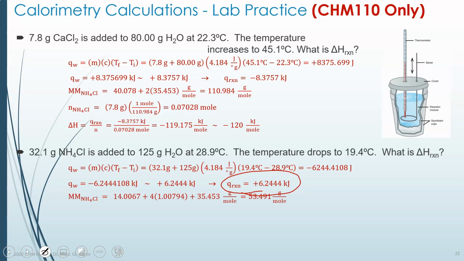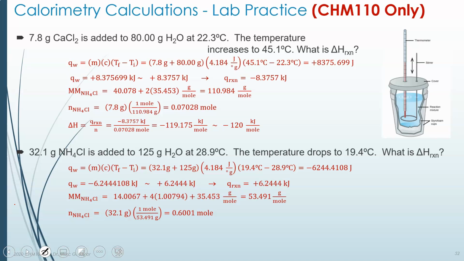We also need to know the moles of ammonium chloride, and first we have to determine the molar mass of ammonium chloride. We get that by adding up the molar mass of the nitrogen, 4 hydrogens, and 1 chlorine atom, and we get that the molar mass of the ammonium chloride is 53.491 grams per mole.